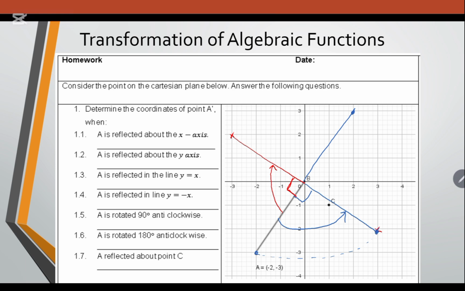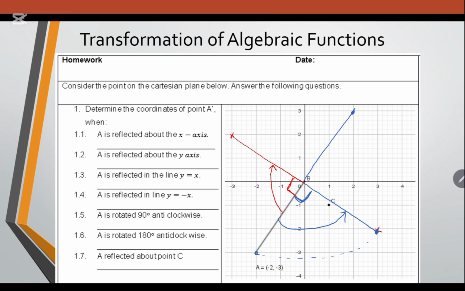Therefore, the point lands here. So the rotation is 90 degrees fixed at the origin point. So it is rotated 90 degrees about the origin.